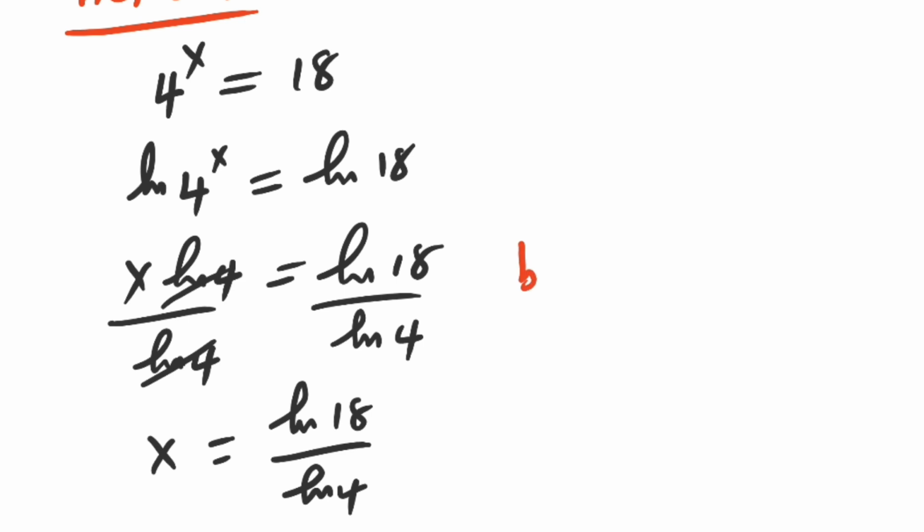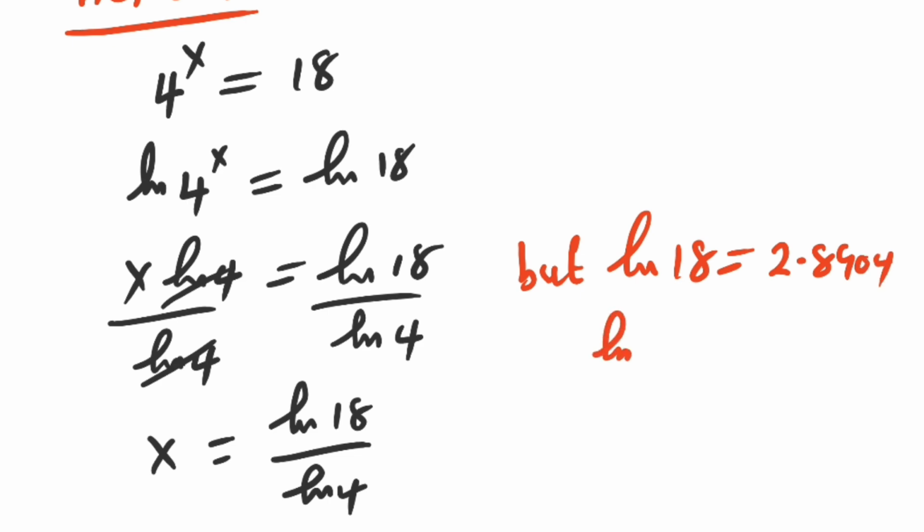But ln of 18 is equal to 2.8904. Then ln of 4 is equal to 1.3863.